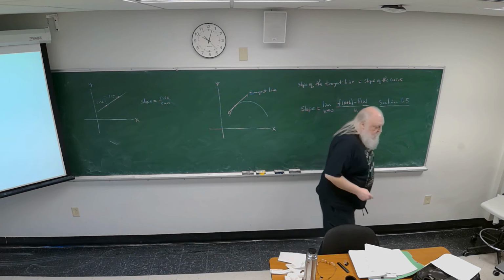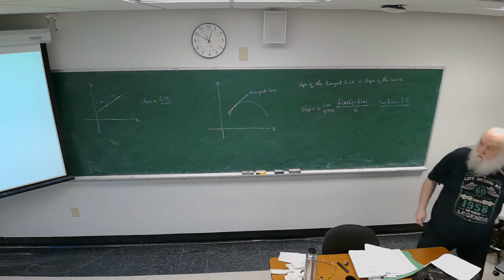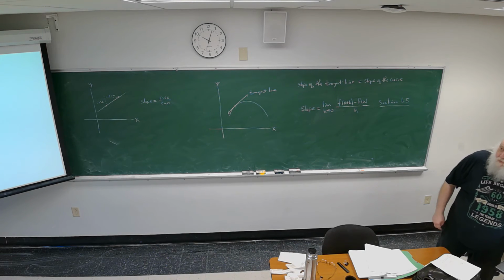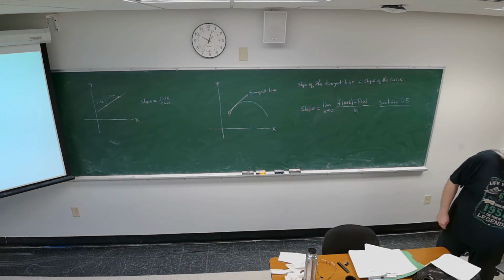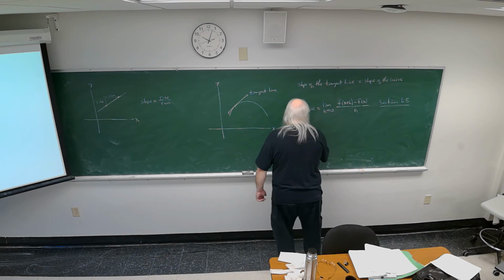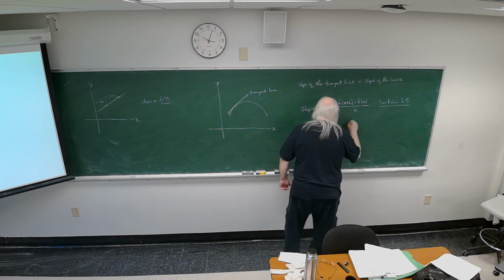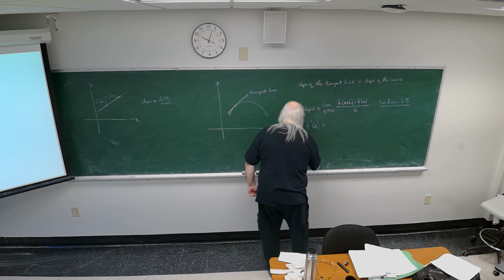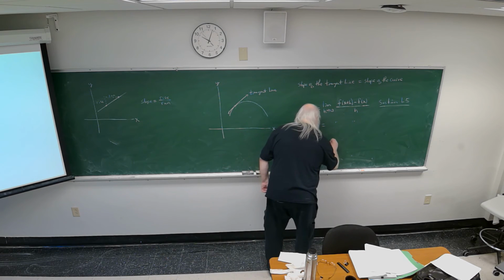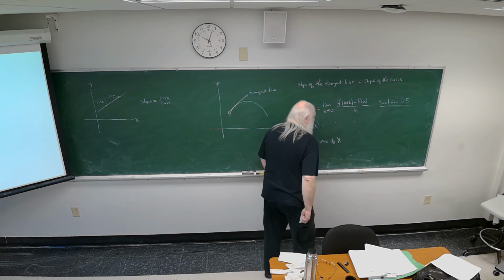In your handout, instead of the word slope, we have this fancy mathematical notation here. And this is read f prime of x. F prime of x is equal to this limit. Okay? So this is read f prime of x.